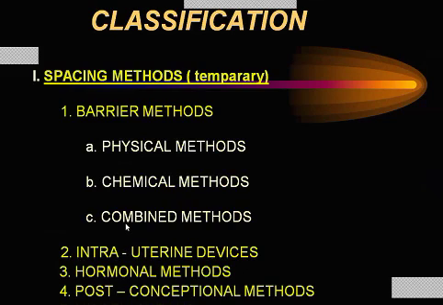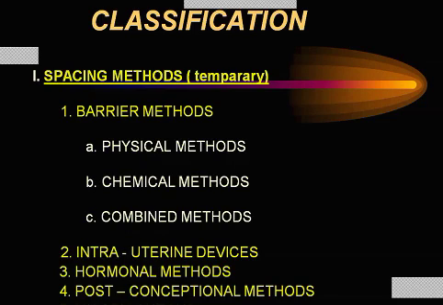We have spacing methods, intrauterine devices, hormonal methods, post-conception methods, and miscellaneous. Can you hear me? Am I clear to you? In barrier methods, again, we have physical barriers, chemical barriers, and combined methods.